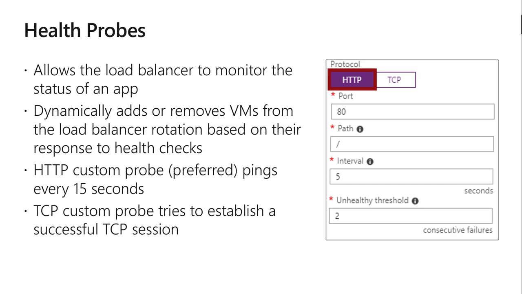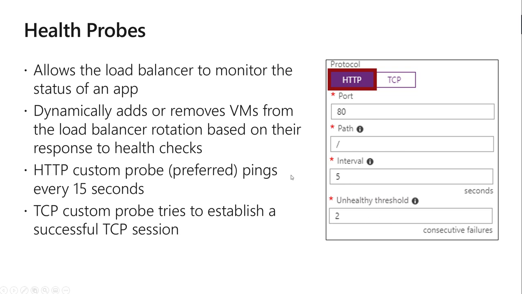Any status other than HTTP 200 will cause the probe to fail. You can specify the port, the URI for requesting the health status from the backend, the amount of time between probe attempts, and the number of failures that must occur for the instance to be considered unhealthy. So port, path, interval, and unhealthy threshold you can specify.